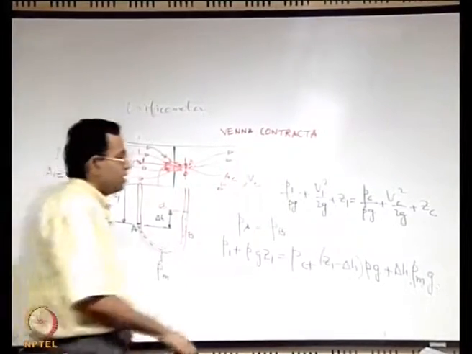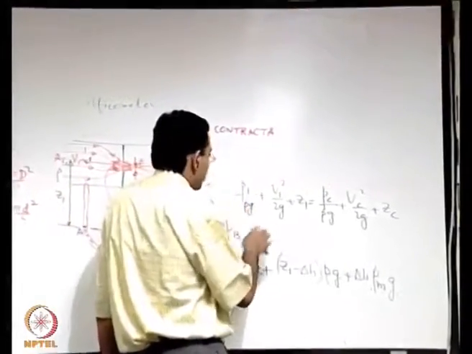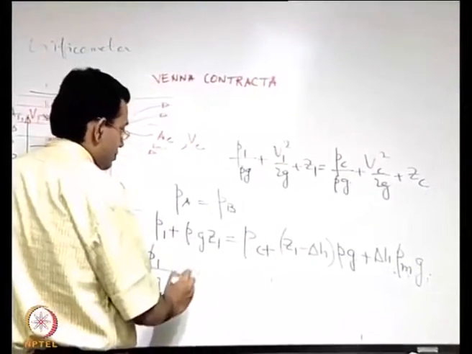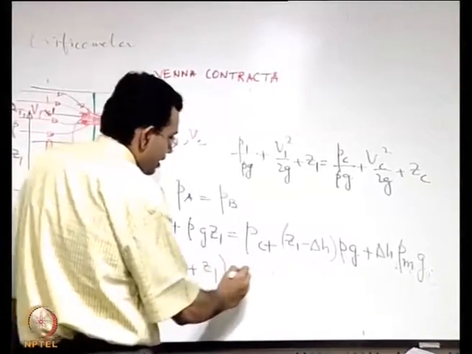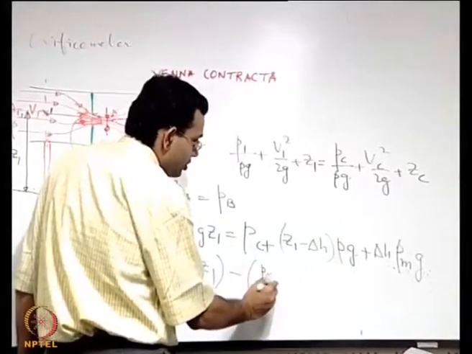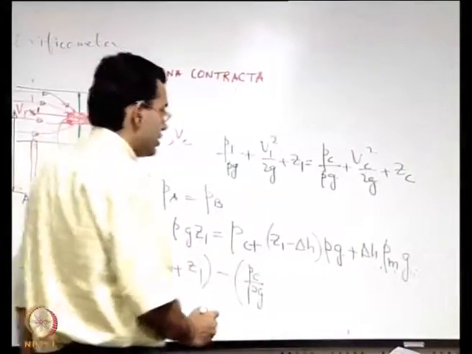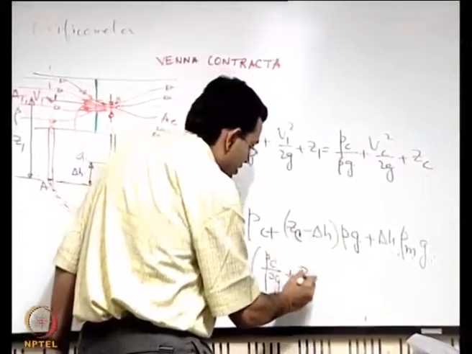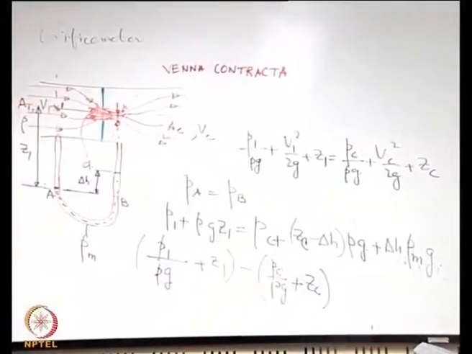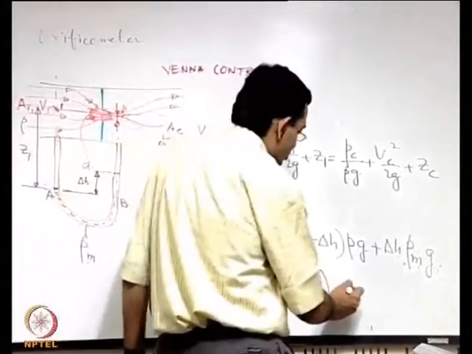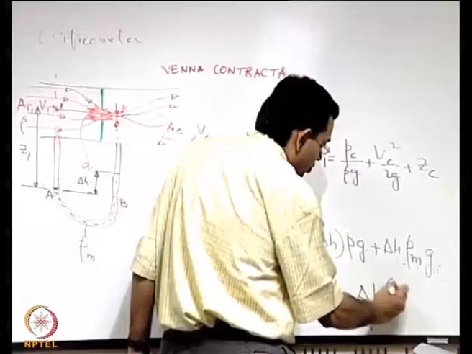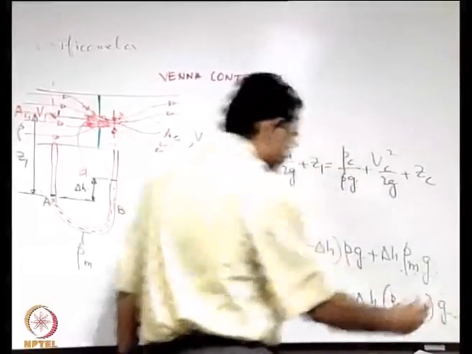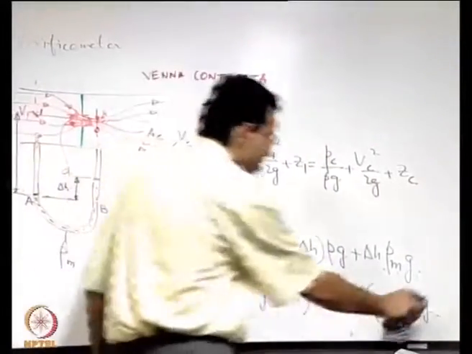So from here you will be getting a difference between P1 by rho g plus Z1 minus Pc by rho g plus Zc, that is equal to delta H into rho m by rho minus 1, into g. So g is already there, so only this.